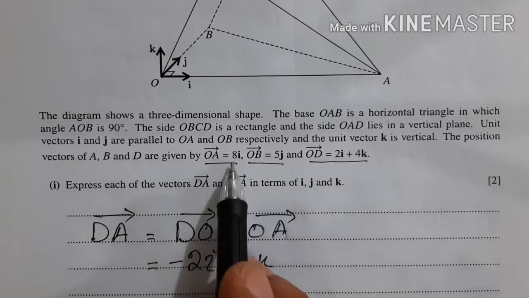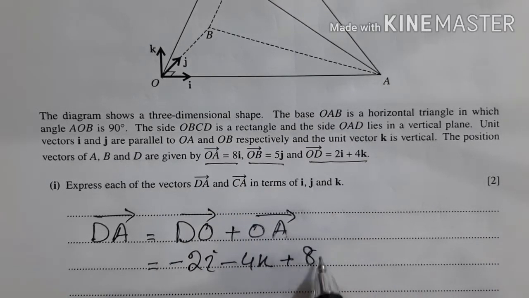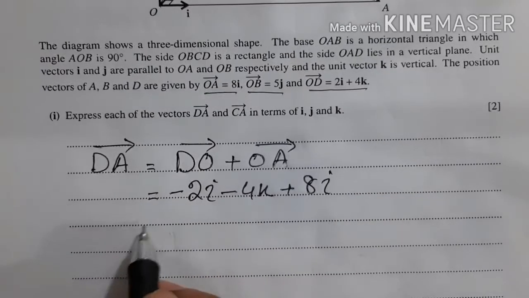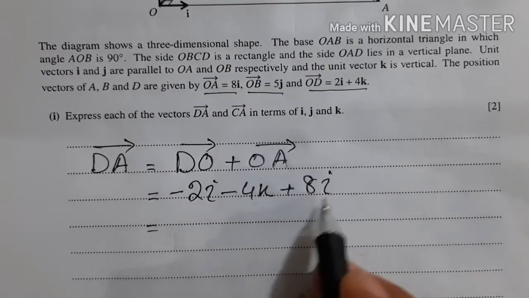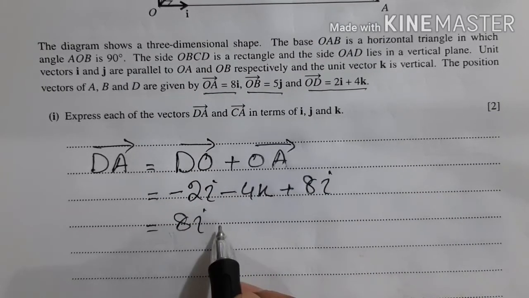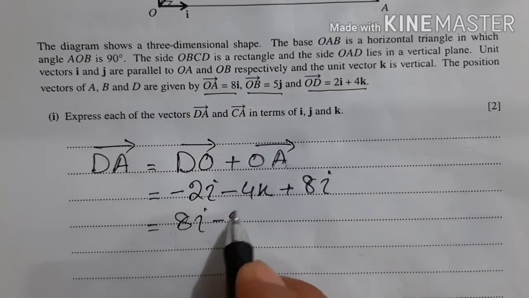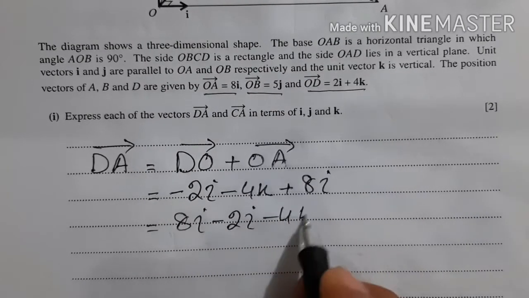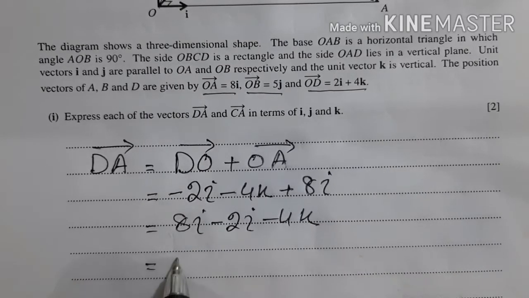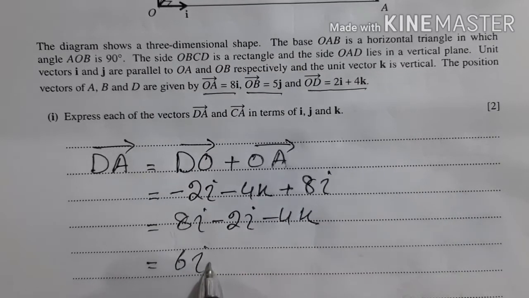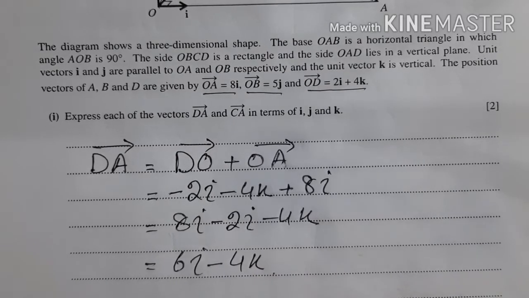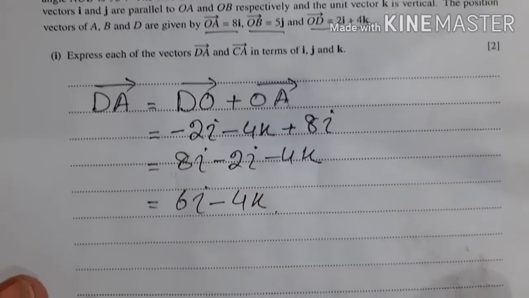OA will go as it is, plus 8i. By writing them in order, it will be 8i minus 2i minus 4k. It can be written as 6i minus 4k. This is our DA.